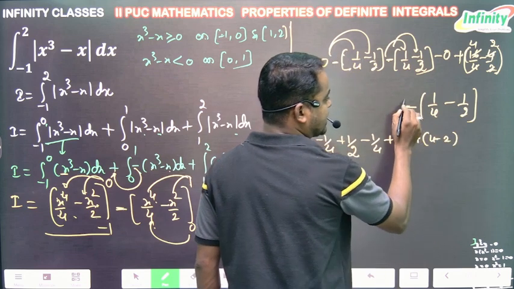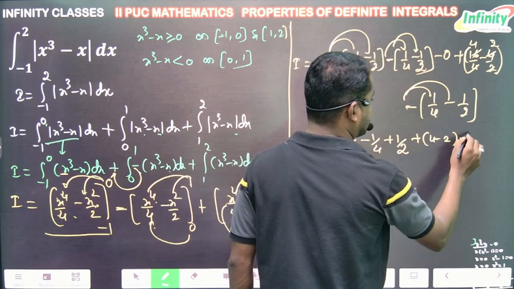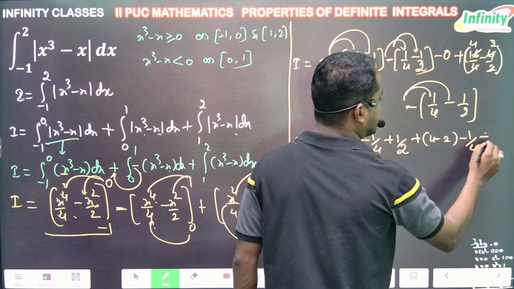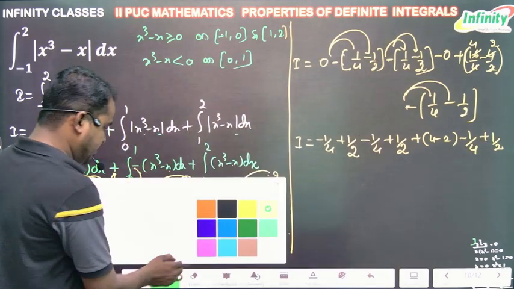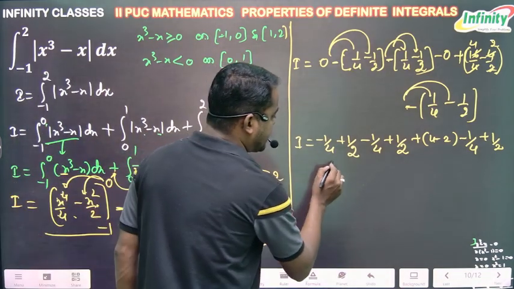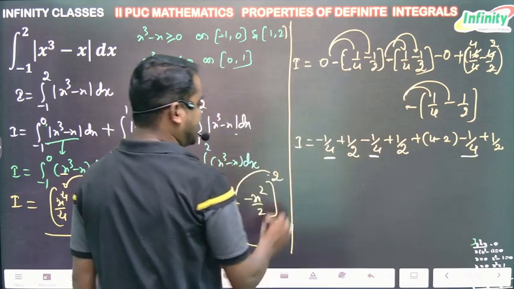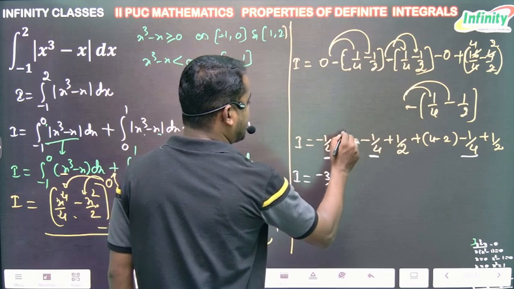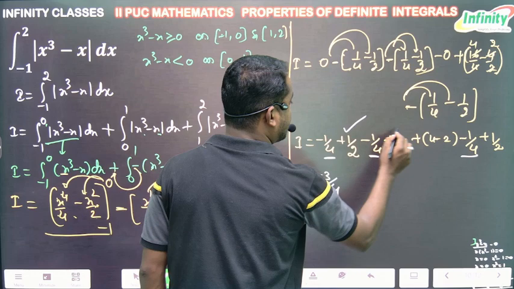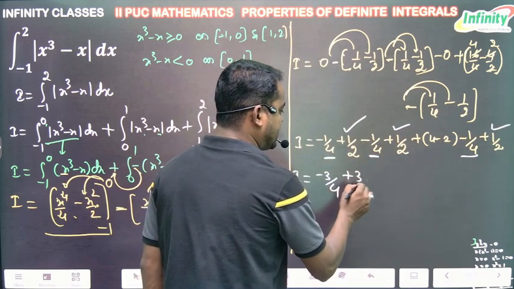Then again minus 1 by 4, minus into minus plus 1 by 2. That is minus 1 by 4 plus 1 by 2. See here, minus 1 by 4 four times. It is what? I is equal to minus 3 by 4. Then plus 1 by 2 four times. It is what? Plus 3 by 2.